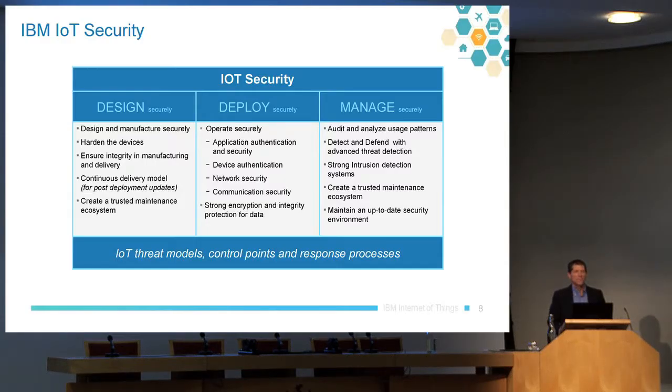And the other point about this, and I think the gentleman just before me made this point, and I want to echo it again. One of the biggest things about designing it securely is making sure you have a way to fix it when it's busted. So get over it, everybody. You're going to have vulnerabilities.